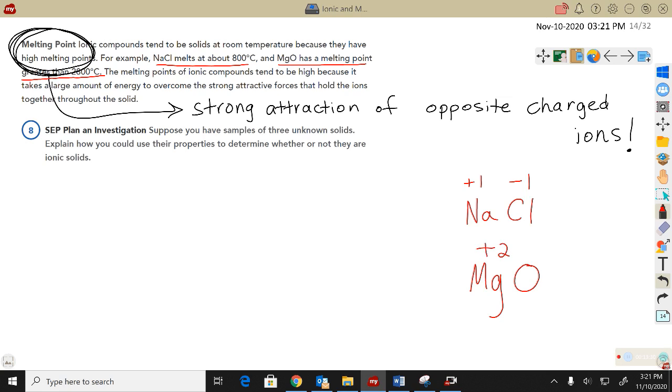And then oxygen has 6 valence electrons, so now we're probably going to just gain 2, right? So I gain 2, -2. So with Coulomb's law, we said the number one thing that affects the strength between oppositely charged particles is the magnitude of the charge. Well, check this out right here. Winner, right? Magnesium and oxygen have higher charges.